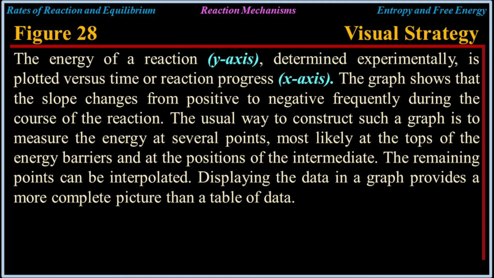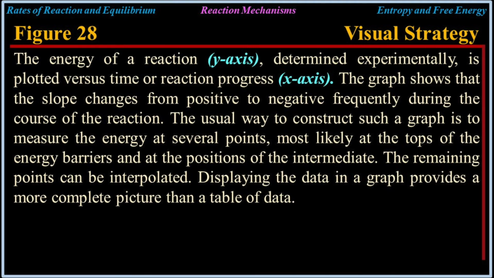Figure 18.28: the energy of reaction, y-axis, determined experimentally, is plotted versus time, or reaction progress, x-axis. The graph shows that the slope changes from positive to negative frequently during the course of the reaction.